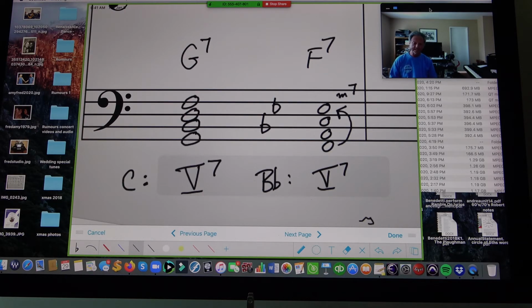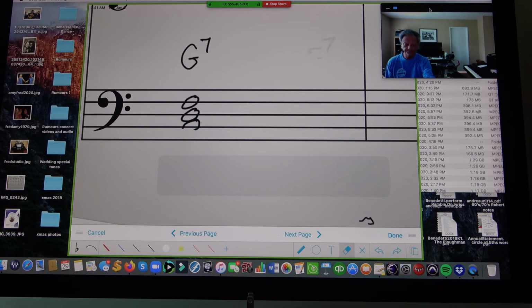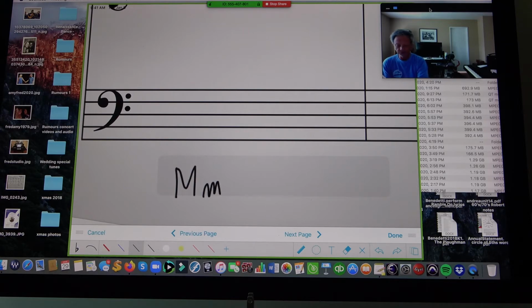And then the last subject here is when it's described as a major minor, and that is this situation here. Benward says that the chord is major and then minor. Well, the first M refers to the triad.